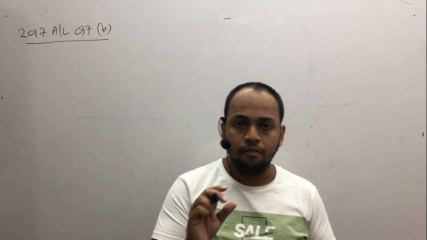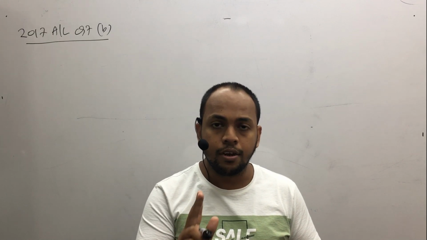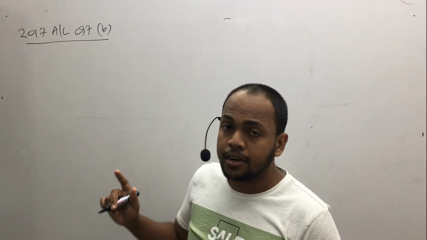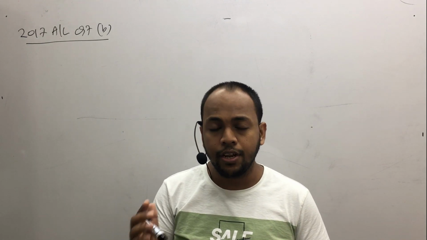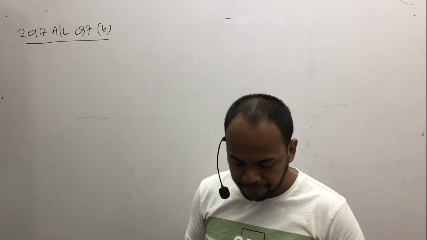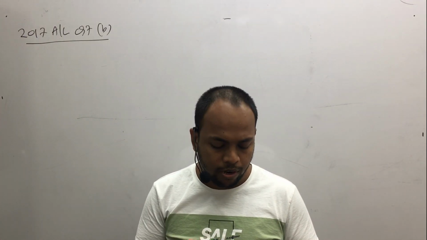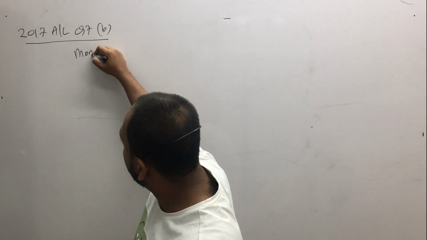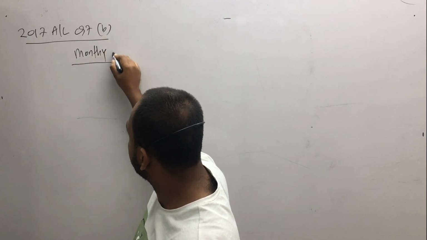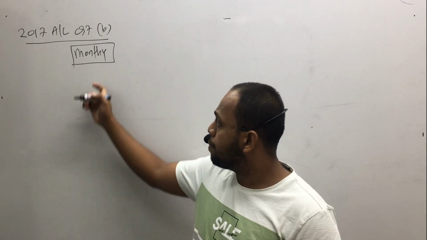When you read a question, you need to understand two main things. One is whether we need to do the calculation monthly or annually. If you go through the question, it is given monthly and all the calculations are required monthly, so we are preparing monthly calculations.